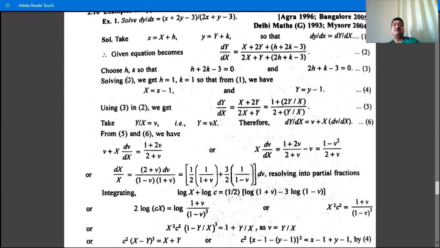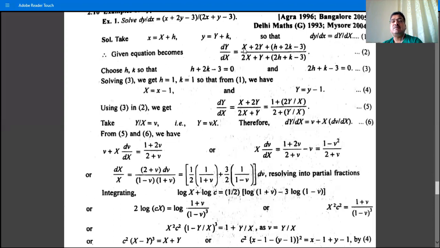So choose h and k so that these two brackets are equal to 0. After solving these two equations, by using either a calculator or by adding and subtracting, we have h is 1 and k is 1.